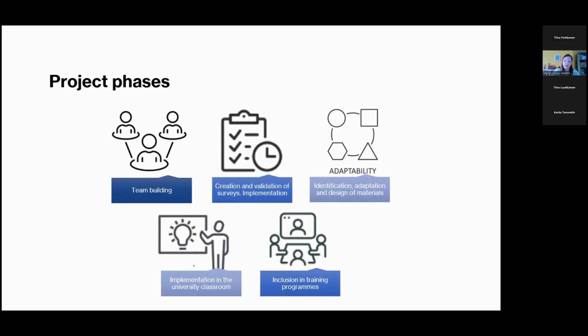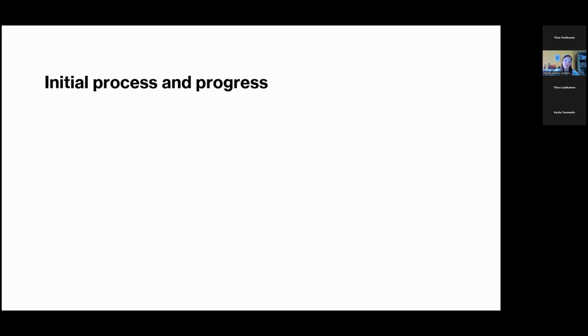We want to implement the service and also analyze the results to identify the materials requiring adaptation, design and create those materials, and then implement the materials in the classroom, including them as a part of the training programs in mathematics subjects under didactics at the University of Oviedo. That was the main idea, but we are at an early stage of the project.